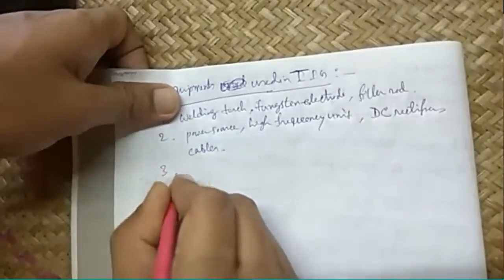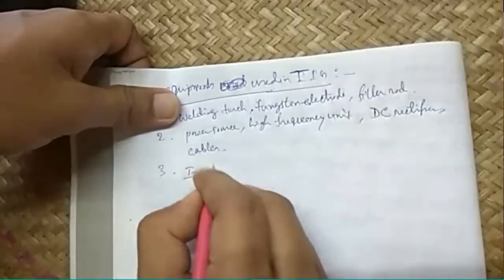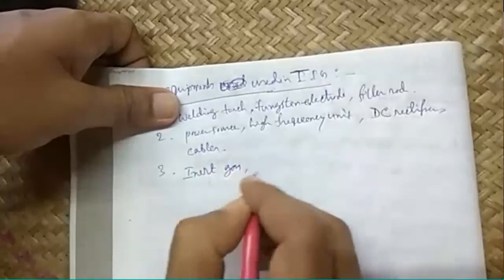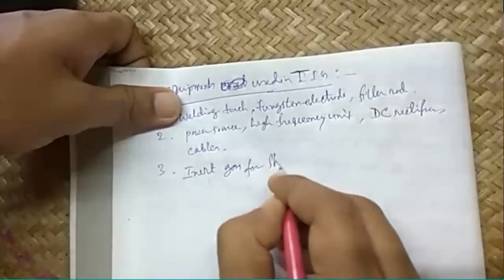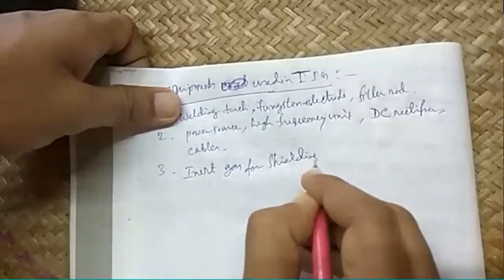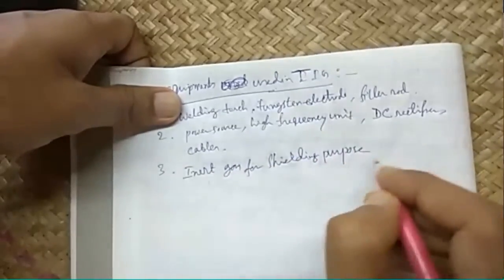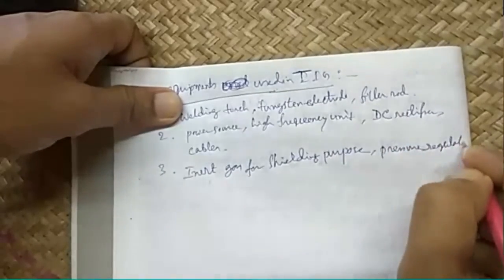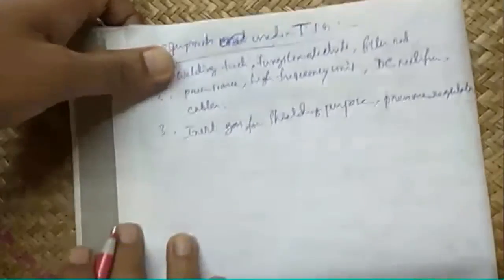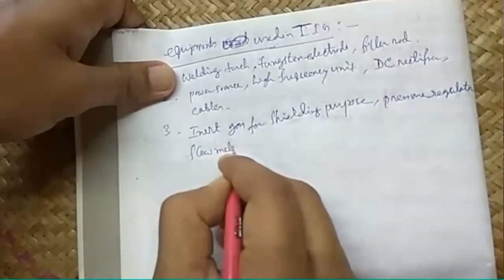and cables. Number 3, we need inert gas or shielding gas. So inert gas for shielding purpose, pressure regulator, and flow meter.